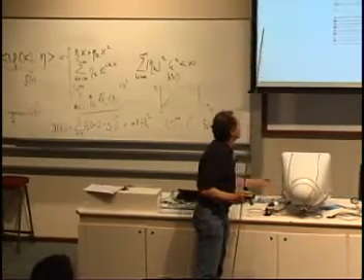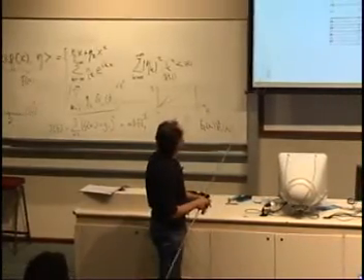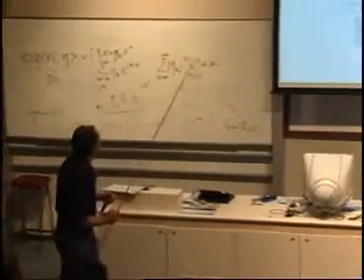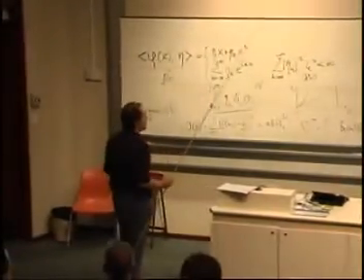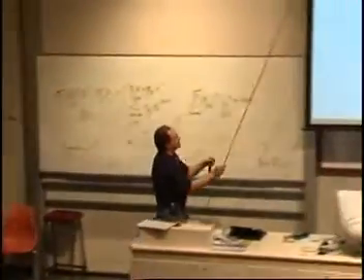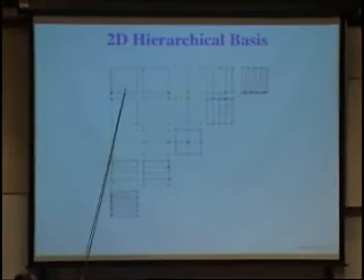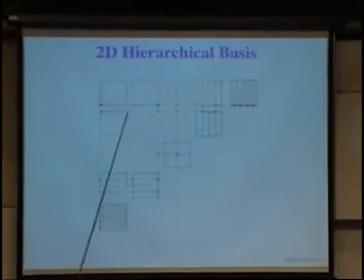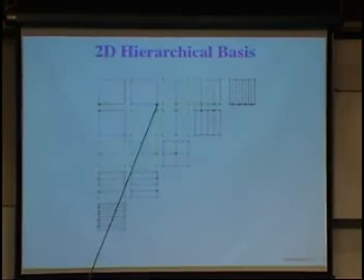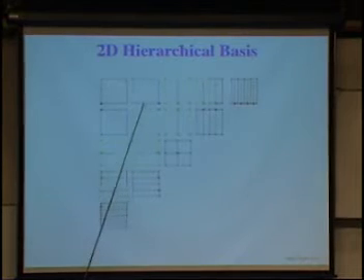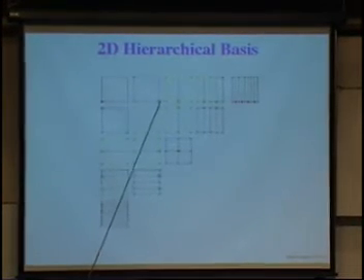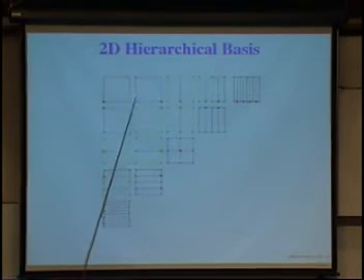Okay, so then you can do this in 2 dimensions, and here I just wanted to indicate what your grid points are. So this is a typical picture. Here we have constant functions with a grid point here in the corner. Here we have one grid point, which means that our functions are linear in this dimension and constant in this dimension.